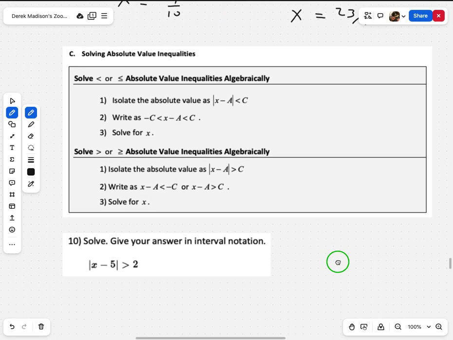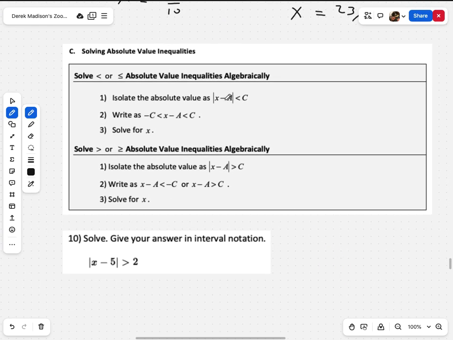So then solving absolute values with inequalities in them, this is a little trickier. So for here, we have kind of two choices as to what could happen. We can have less thans, or we could have greater thans. For less thans, when we solve the absolute value, we're going to end up with a solution set, because there's going to be a range of values that would make that true.